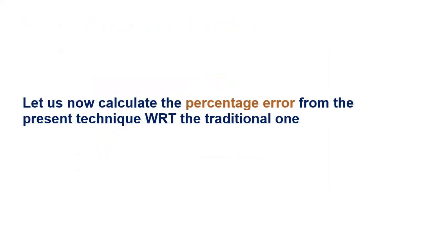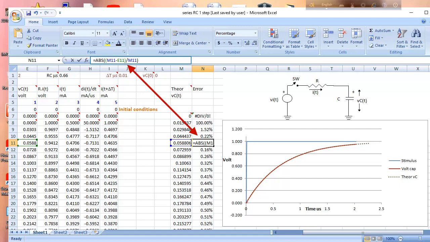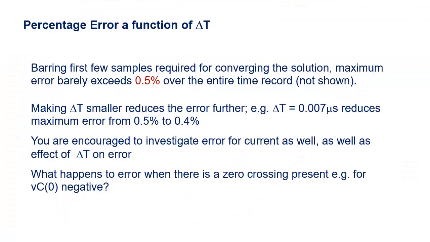Let us now determine quantitatively how good the agreement is. For that we will calculate the percentage error between the present method and the analytic method for each time sample. We observe the following. Barring first few samples required for converging the solution, maximum error barely exceeds 0.5% over the entire time record, not shown.